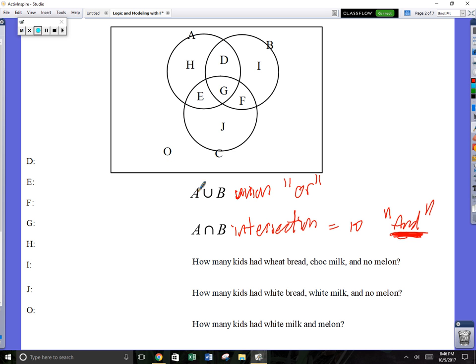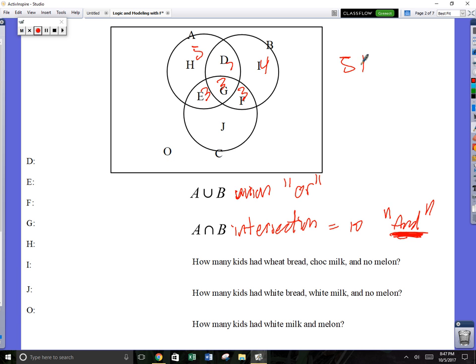Okay, the OR, union, so either they live in set A or they live in set B. Any of them qualify. So I got 5, 7, 3, 3, 4, 3. So A union B is either they live in A or they live in B, so you add them all up.